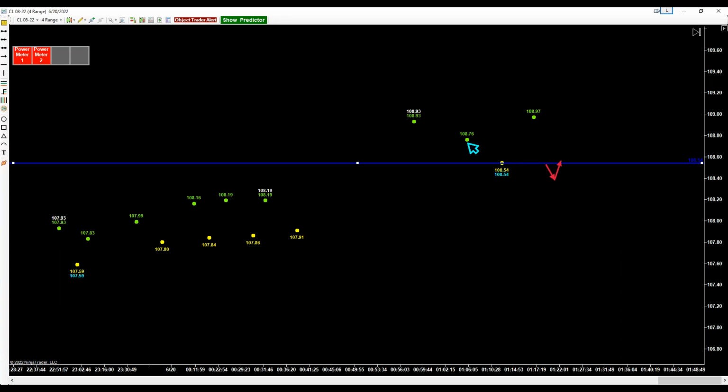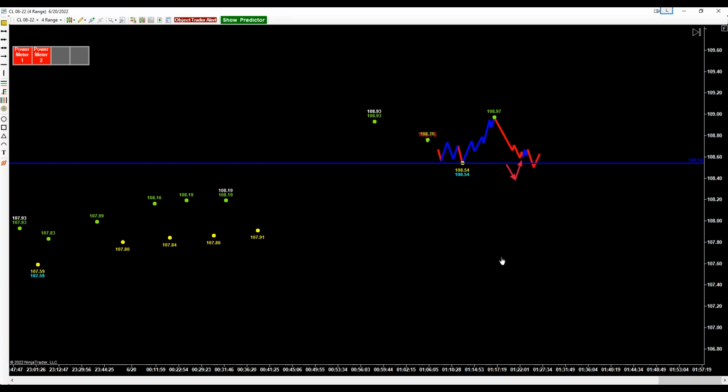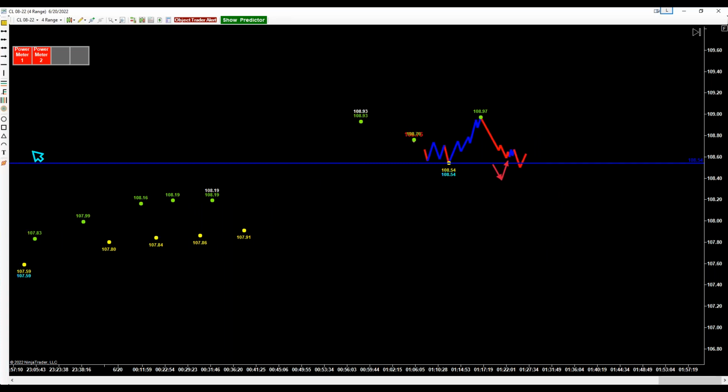Let me draw lightning 1 and see what this is doing so far. Okay, it broke it just barely. Let's see what happens. Breaking, kissed. That was the exact trade you were looking for right there when it rolled over, and it got you about 10 ticks.